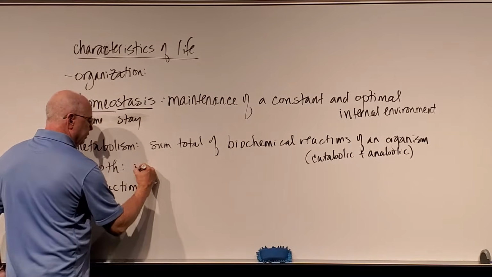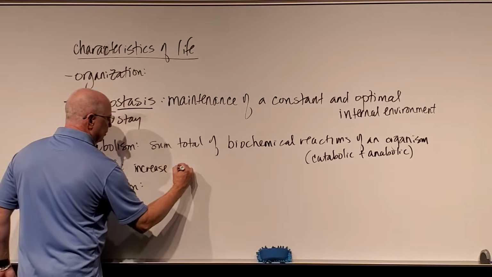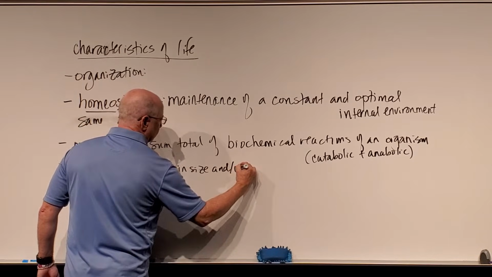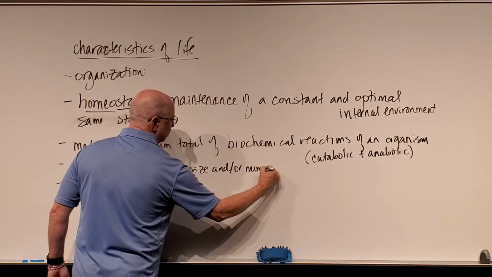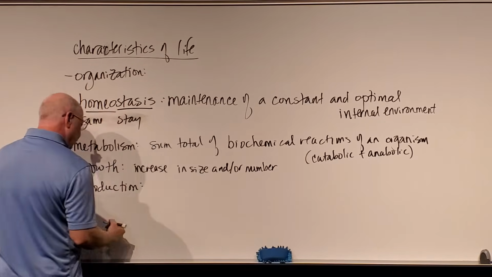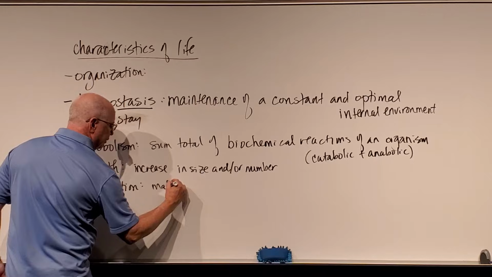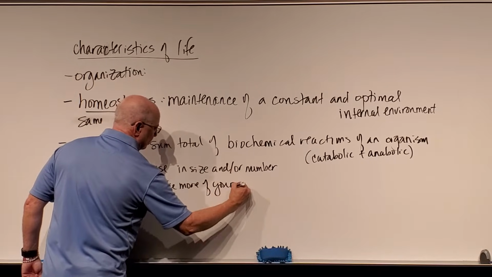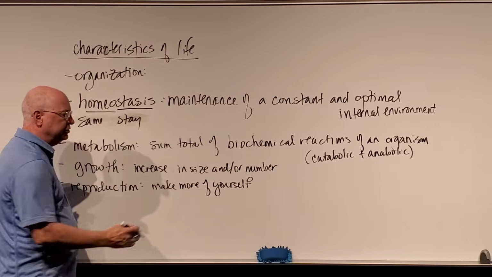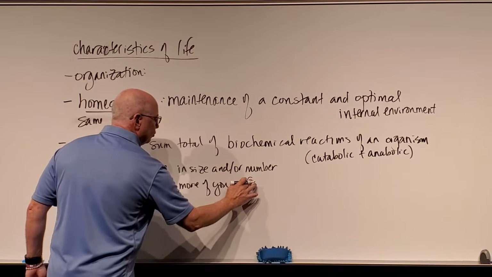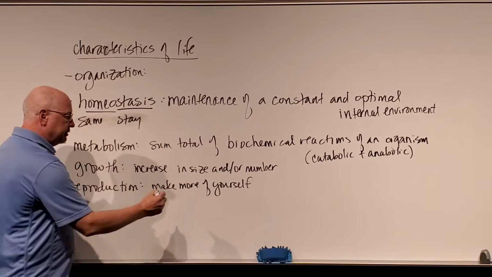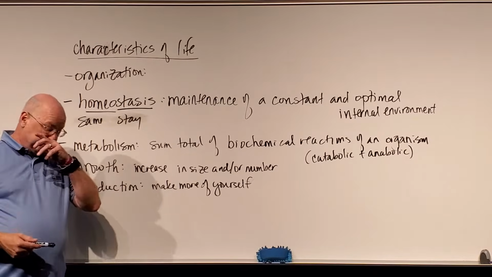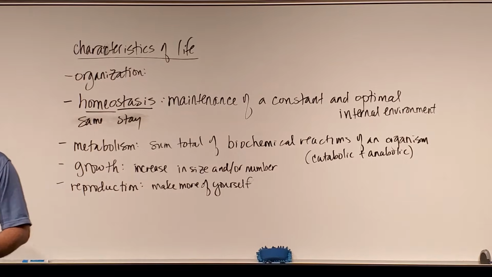Growth is to increase in size and/or number. And reproduction is to make more of yourself. Now these are general definitions, but they work. And so we're going to look at how organisms can sometimes reproduce and grow and metabolize and maintain their homeostasis.